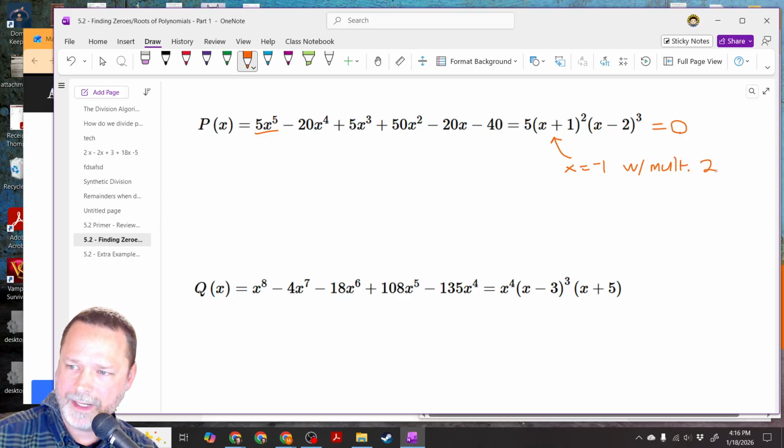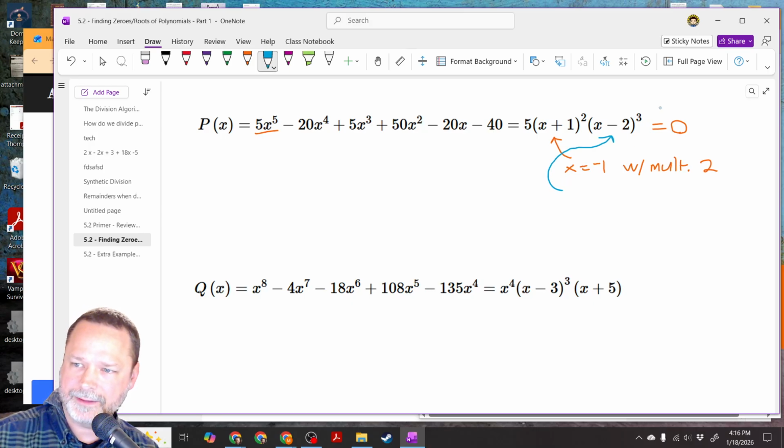It happened twice. And right here, we get another factor cubed. So we get x equals 2 would cause that to be 0, but it came up 3 times. So we say x equals 2 is a root or a zero with multiplicity 3.